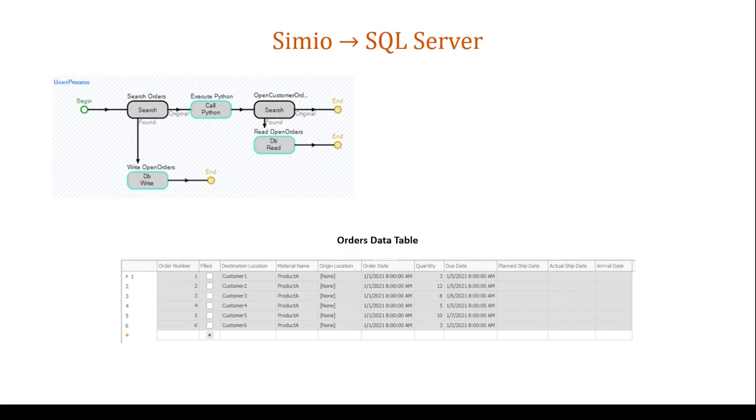To approach this problem, we will be dealing with a data table called orders, where we want to decide which value should be placed in the order location column. Furthermore, if an order is determined to be filled, the planned ship date column will be set to the date time value of time now.